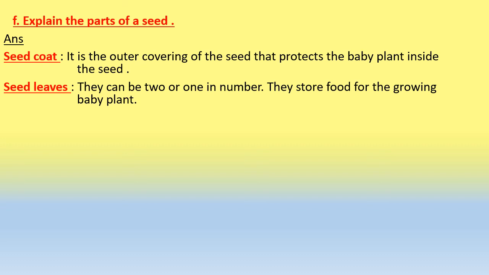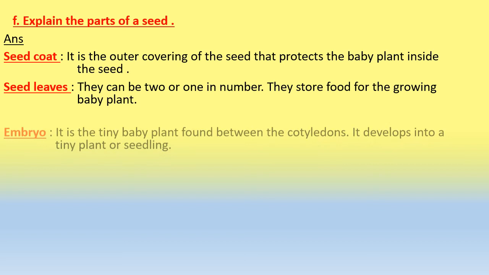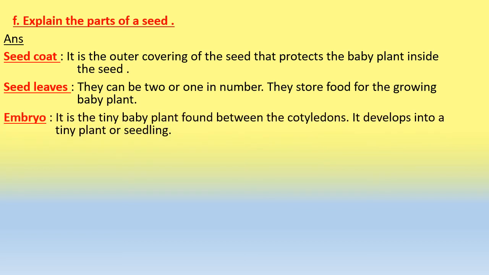Seed leaves can be two or one in number. They store food for the growing baby plant. The third part is the embryo. It is the tiny baby plant found between the cotyledons. It will develop into a tiny plant or seedling later.